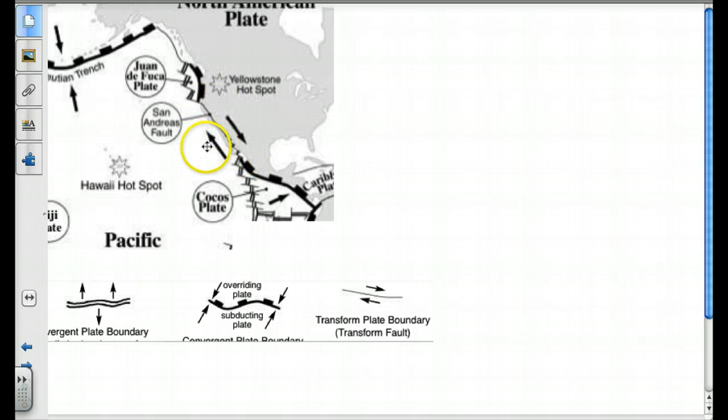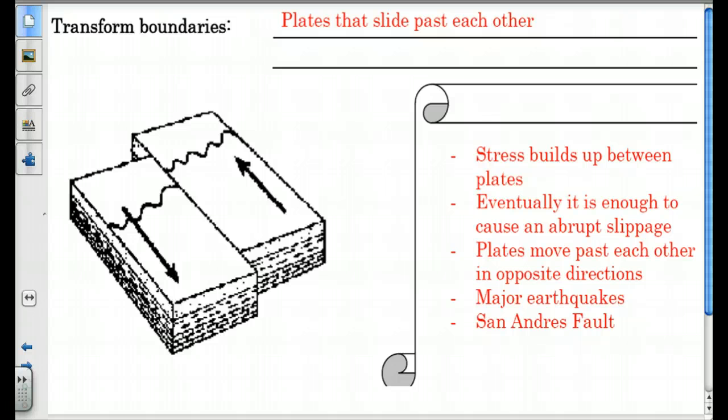People always say, oh well, California is going to split off and fall into the ocean. That's not going to happen. What'll end up happening is these cities will just get further and further apart, but it's going to take millions of years. These plates move at the speed that your fingernails grow, a few inches a year, so they move very, very slowly.